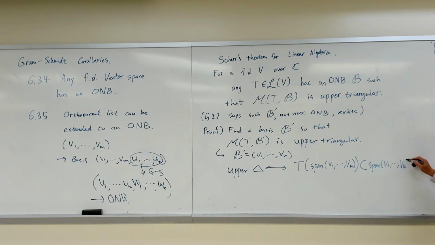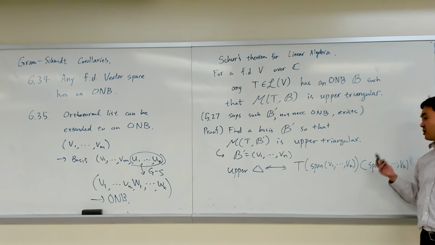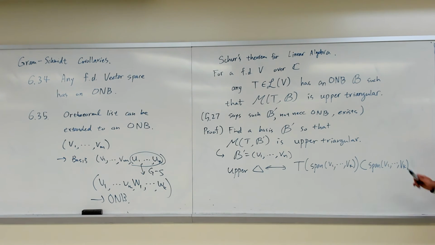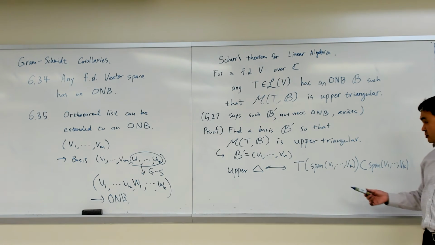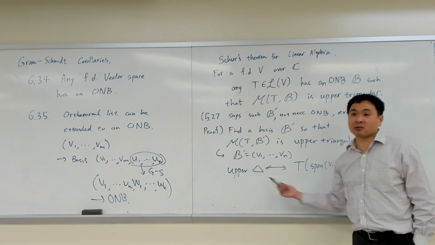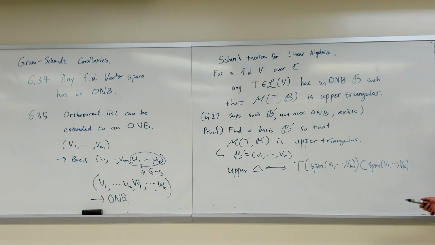In other words, this span of V1 through Vk is an invariant subspace of V under T for any k. If that's true, that's the same as saying that this is upper triangular. That's another theorem that we proved before.